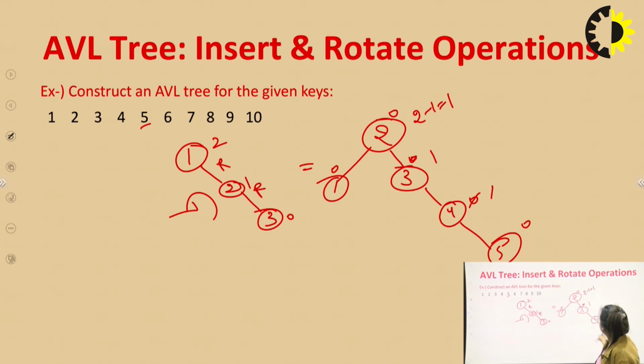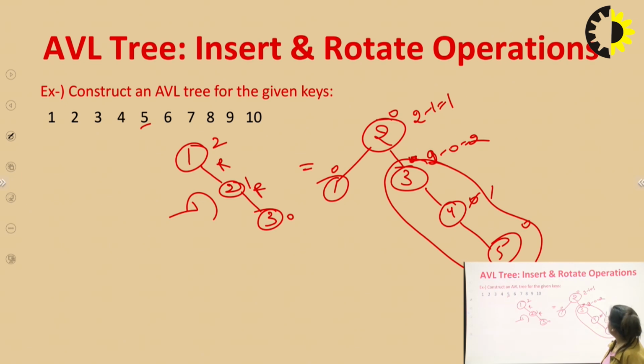Now here the balance factor is 2, because the left subtree of 3 is 0 and the right subtree is 1 plus 1, that is 2. So 2 minus 0 equals 2. So node 3's balance factor is 2. So here we need a rotation, and the type of rotation needed is RR. So firstly change this point like this.